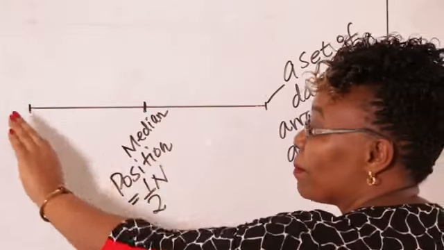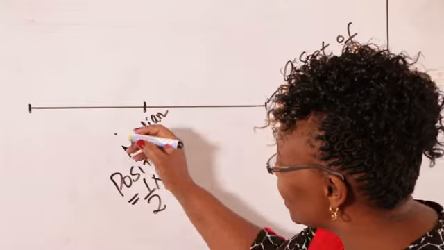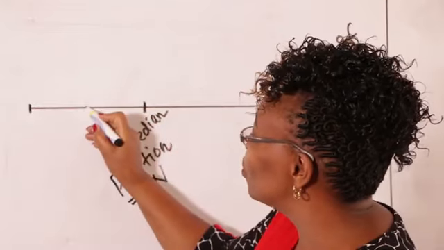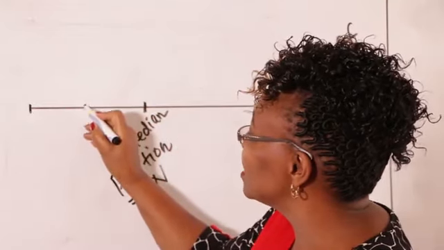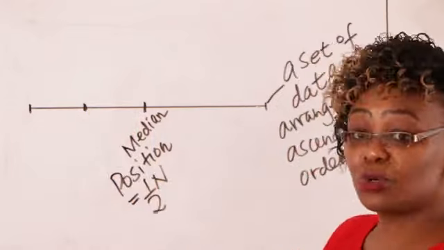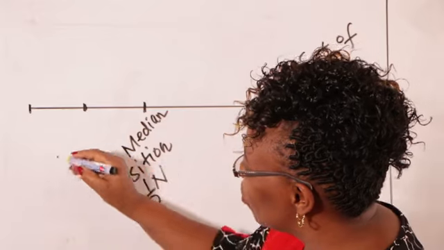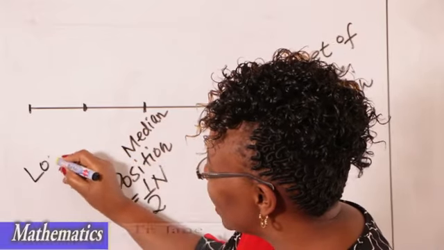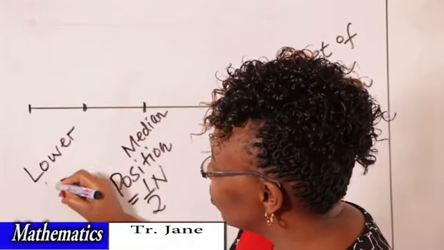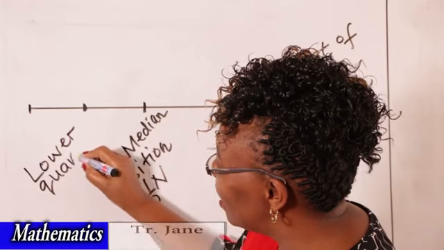If you go to the lower part and get the middle value there, that middle value is called the lower quartile.